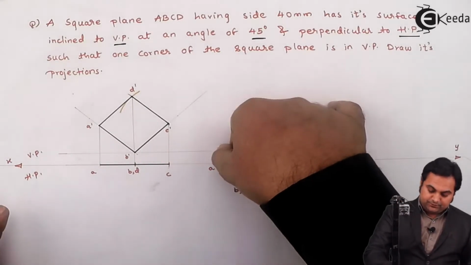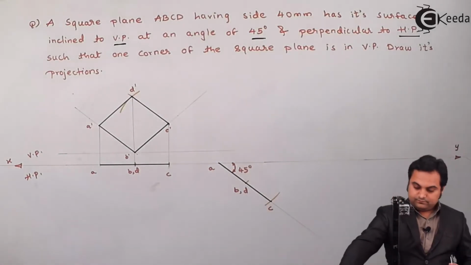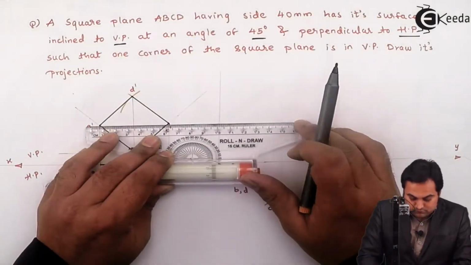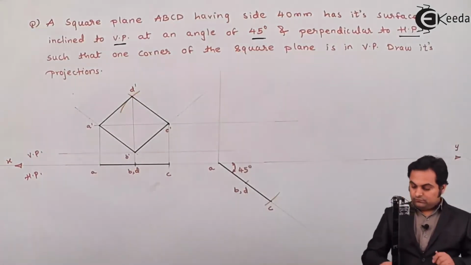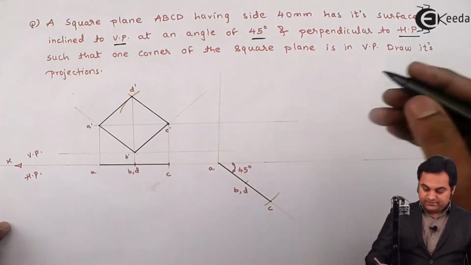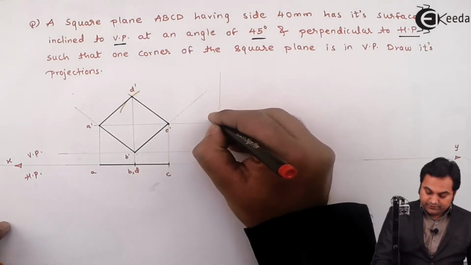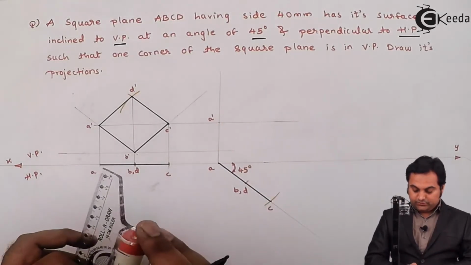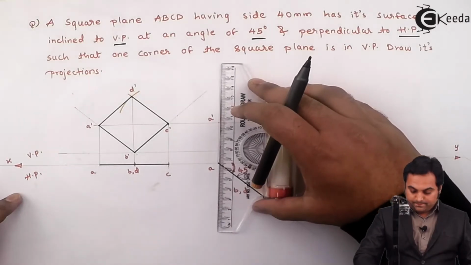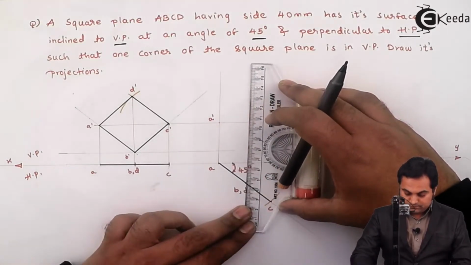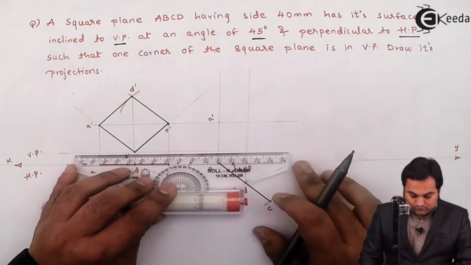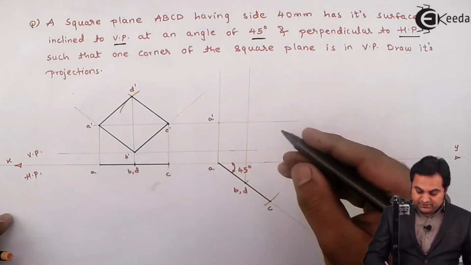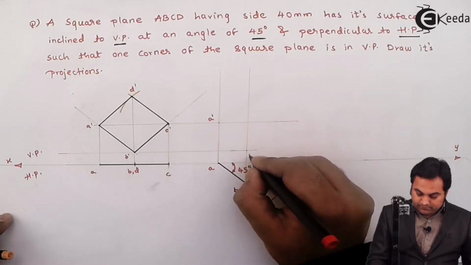For that, I'll project point A upwards. Where A and A dash intersect, that will give me the point A dash. Next, B and D are on the same level. Where point B and B dash intersect, that will give me the point B dash.